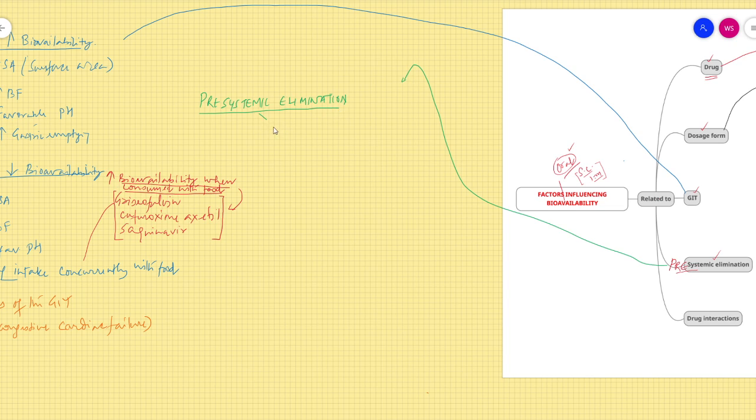Okay, so this is also known as first-pass metabolism.